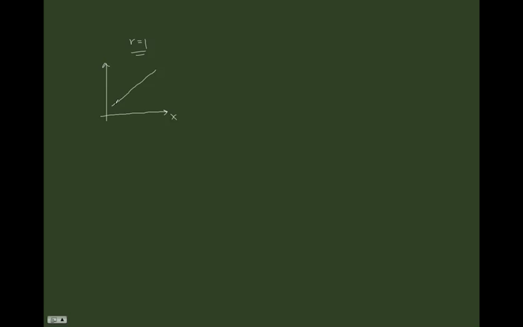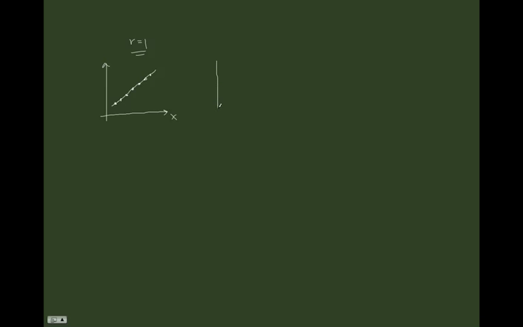So if R is exactly 1, the line is going to have a positive slope, and every data point, every observation will be exactly on the line. That's a perfect positive linear correlation.